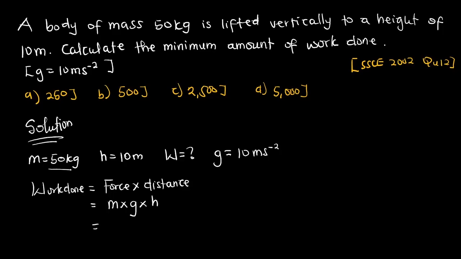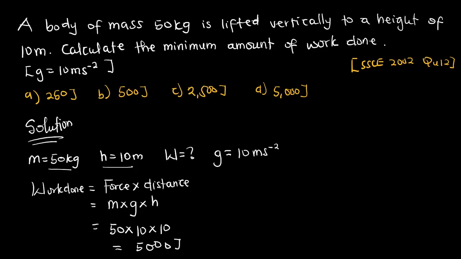We already have our mass, our height, and our gravity, so we just multiply everything after substitution. I have the mass, which is 50, multiplied by gravity, which is 10, multiplied by height, which is also 10. So my answer will be 5, then I add the 3 zeros.